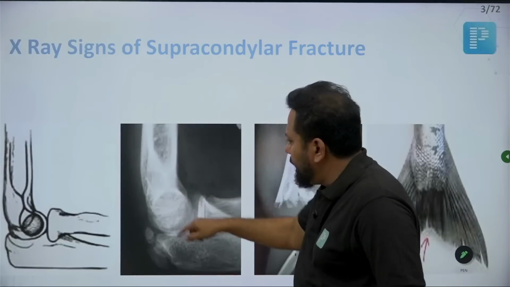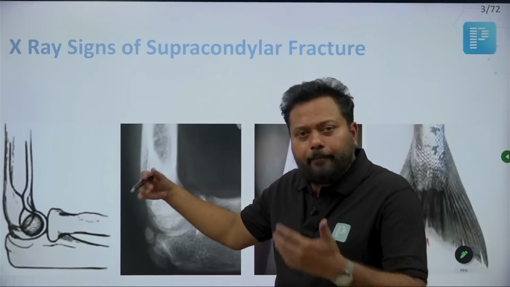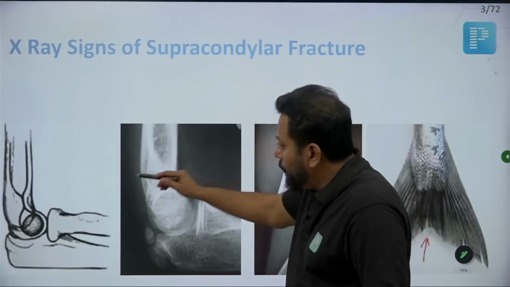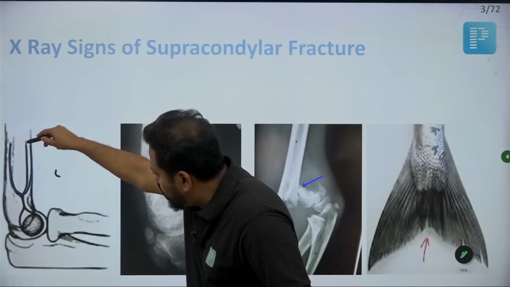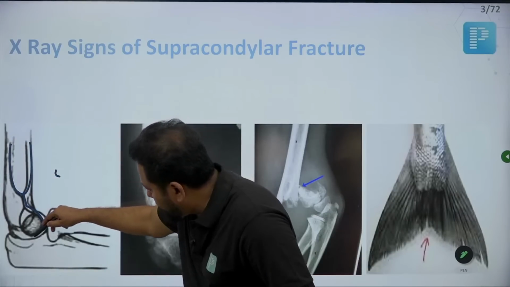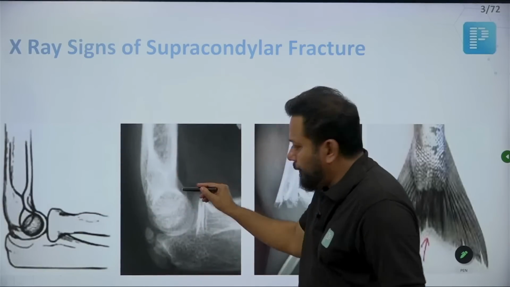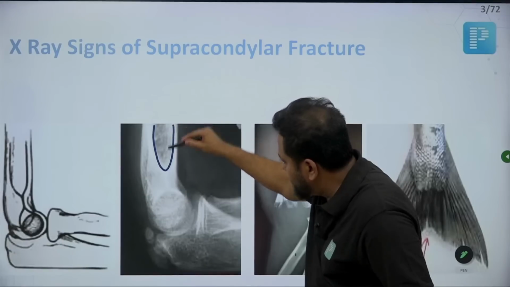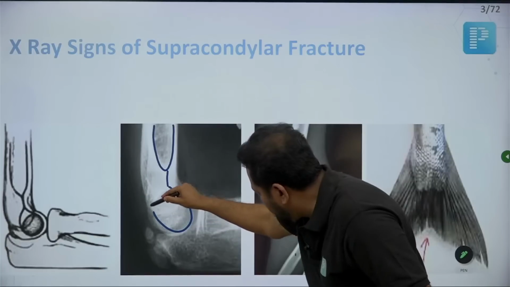When you see this very carefully, this is the diagram. I will explain the diagram, then you will see exactly the same in the X-ray. In the lateral view, a picture like this. The same thing in the X-ray, you see. It's coming like this, a band-like thing, and something like this.